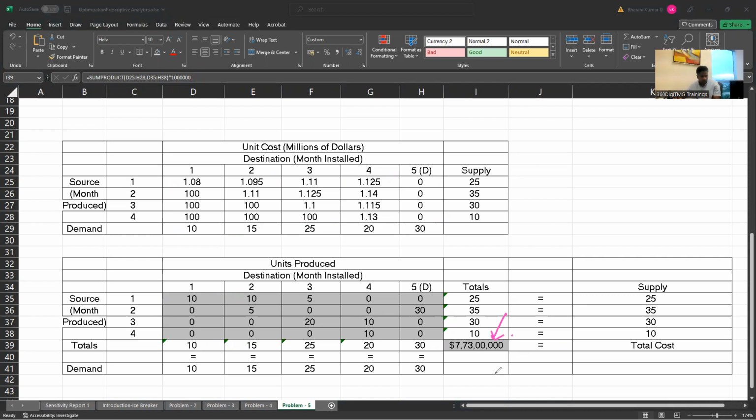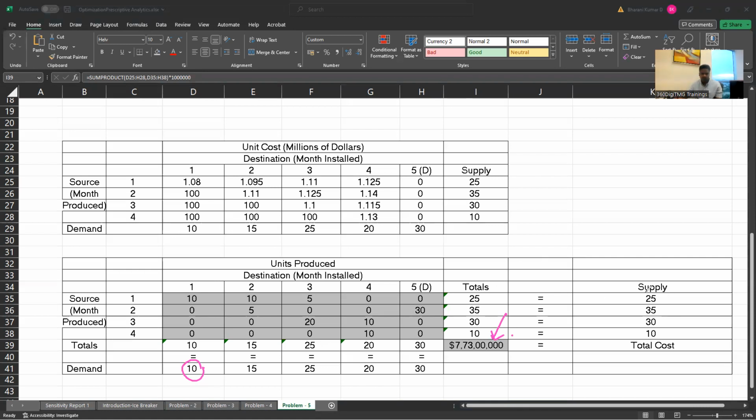Now we need to look at the constraints. And here we have constraints, right? What are the constraints that we have? Constraint number one is the total demand that we have should be equivalent to total supply. If the demand is 10 for month one, you need to ensure that the total that you actually produce is equivalent to 10.